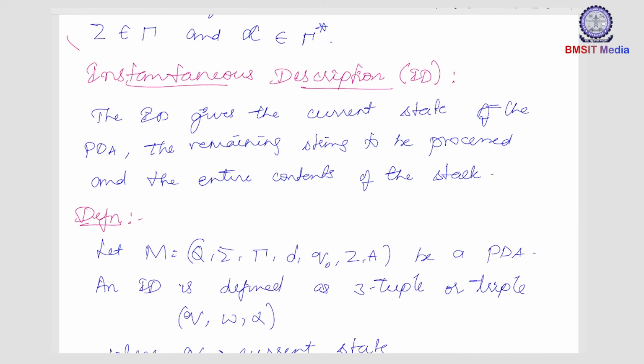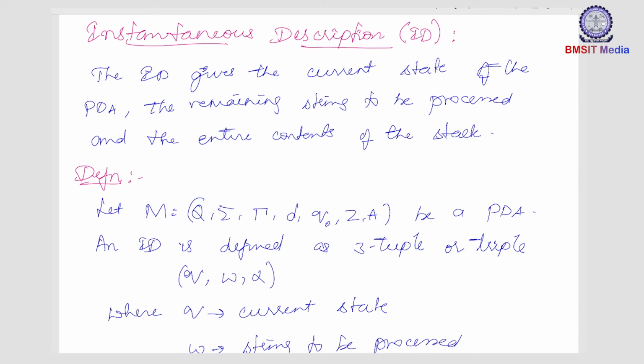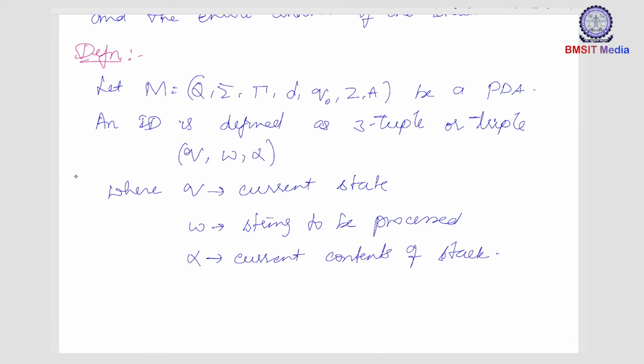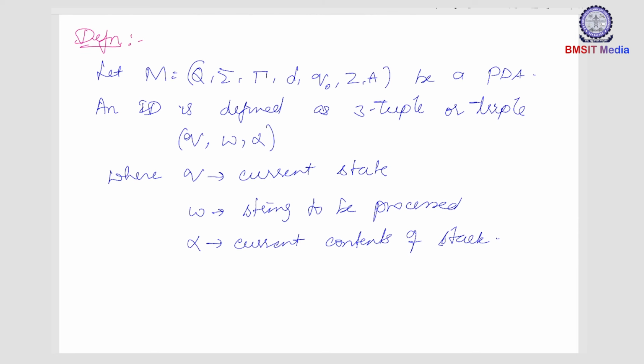The next definition you need to know is the ID, the instantaneous description. It is just like a screenshot. The ID gives the current state of the PDA, the remaining string to be processed, and the entire contents of the stack. Let M = (Q, Sigma, Tau, Delta, Q0, Z0, A) be a PDA.